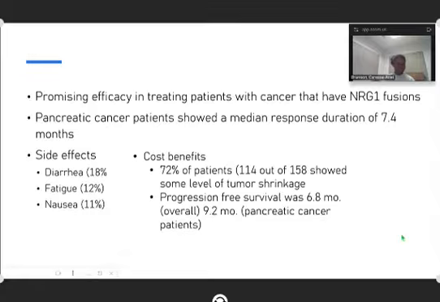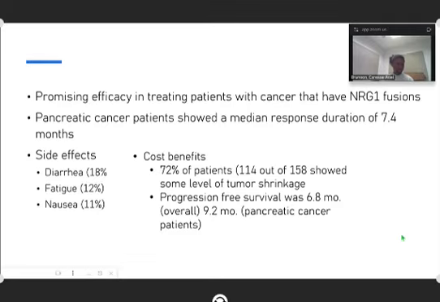So the cost of Bizengri is quite high. The estimated price is $23,000 plus, and the price varies based on patient circumstances. But the researchers argue that it is worth it, since 29% of 93 patients with non-small cell lung cancer had a response, and again, 42% out of 36 people with pancreatic cancer had a response.